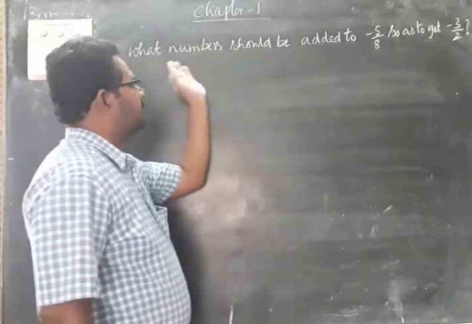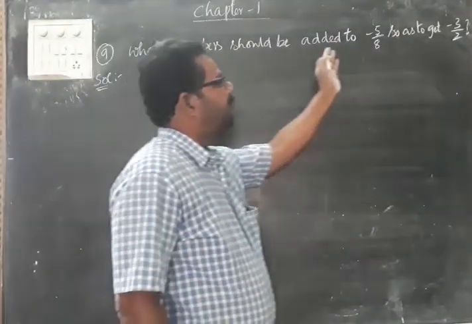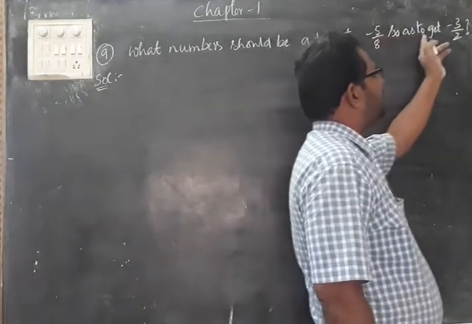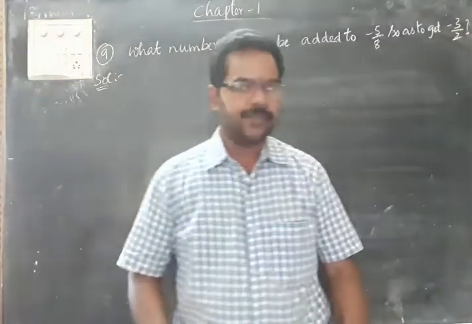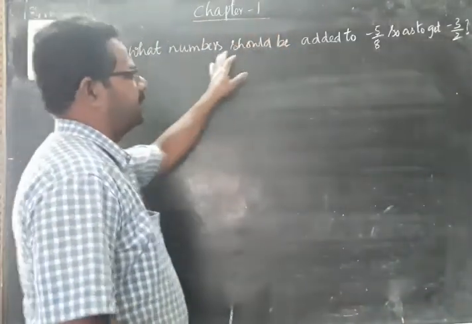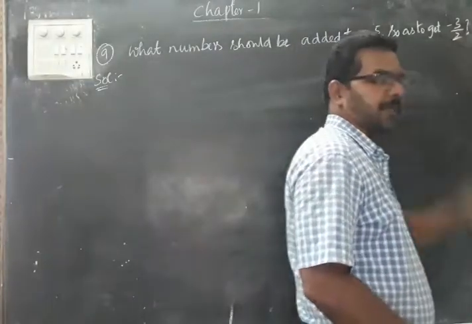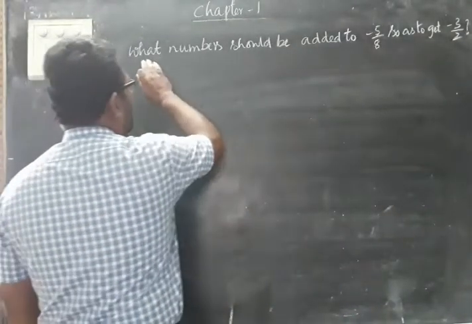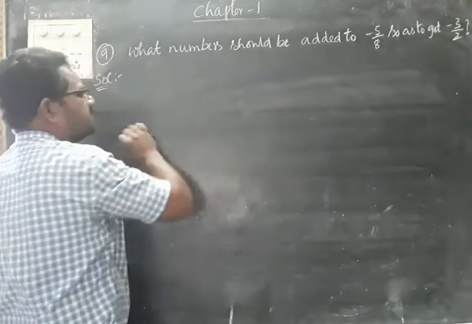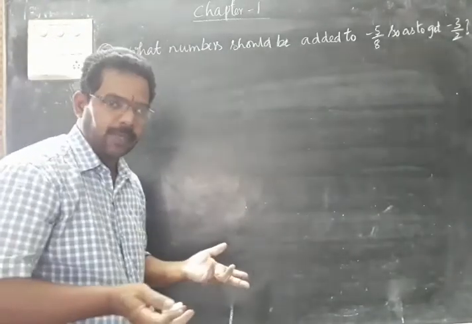See the next question. What number should be added to minus 5 by 8 so as to get minus 3 by 2? Something should be added to minus 5 by 8. The result should be minus 3 by 2. That means what number should be added? Suppose we have taken one number, we don't know that number.